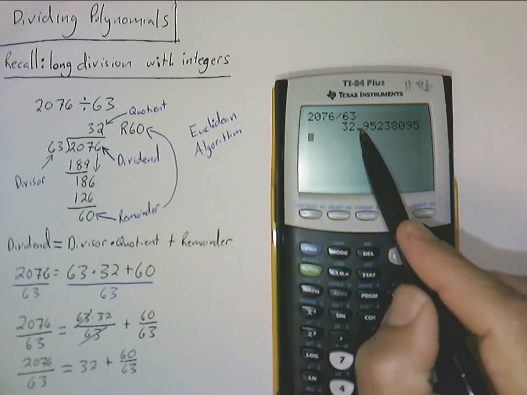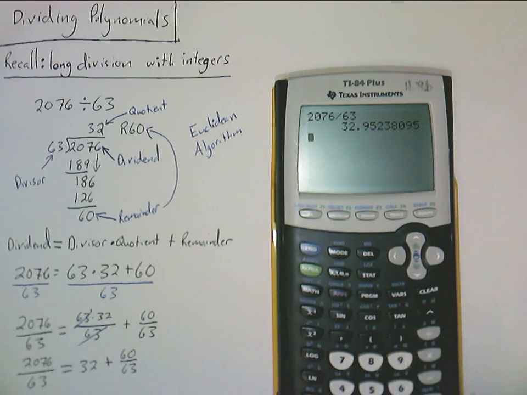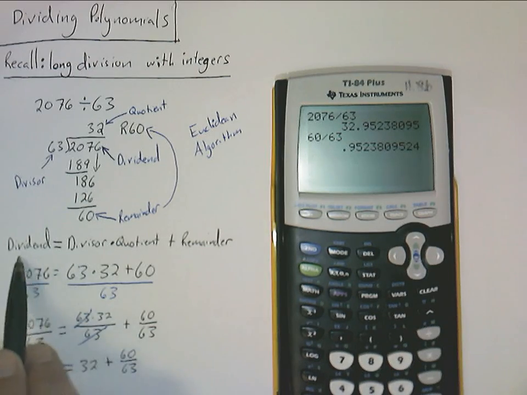And it should be that this extra bit after the decimal should be 60 divided by 63. Yep, it's the exact same thing. So that's really the big point of a Euclidean algorithm, is to be able to write a ratio in this fashion, or even writing it in this way up here. Doesn't really matter. Both are very useful.